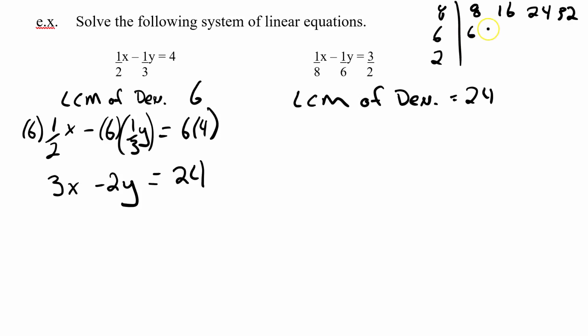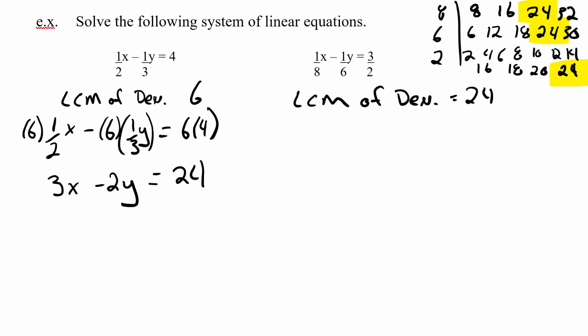I get 6, 12, 18, 24, 30. I can get 2, 4, 6, 8, 10, 12, 14, 16, 18, 20, and there I see it, 24. Now this was all from chapter number 3. If you need a review on LCM, go to chapter 3, please.